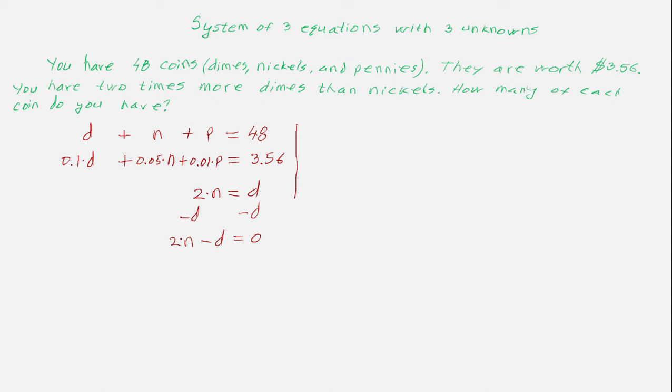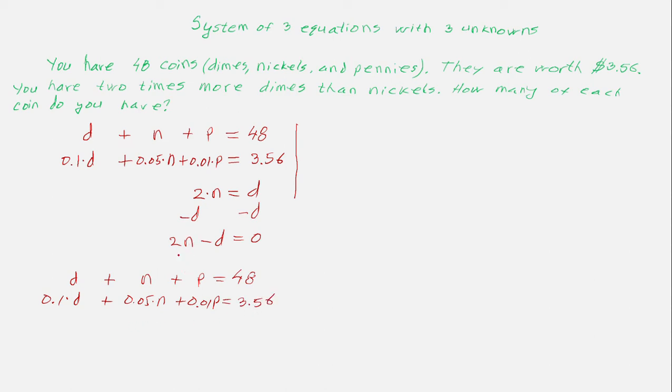Now we need to reorganize this so we have it in the same order as the other two. If we reorganize them, then we'll end up with the first equation being d plus n plus p equal to 48. Second equation, so I'm just copying first and second, is 0.1 times d plus 0.05 times n plus 0.01 times p equal to 356.